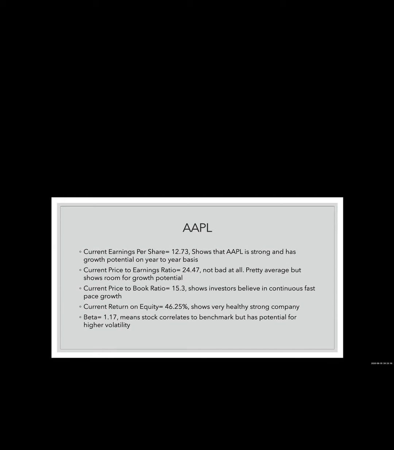Like I said, if you have a beta closer to 1, even just a little bit above, that means the stock correlates to the benchmark but has potential for higher volatility. And that's what you want. If you're day trading, you want those betas to be around 1, a little higher, a little lower, doesn't matter. But you want a beta closer to 1 than closer to 0 or -1, because you want that high volatility, high ranges, and high volume if you are going to be day trading.